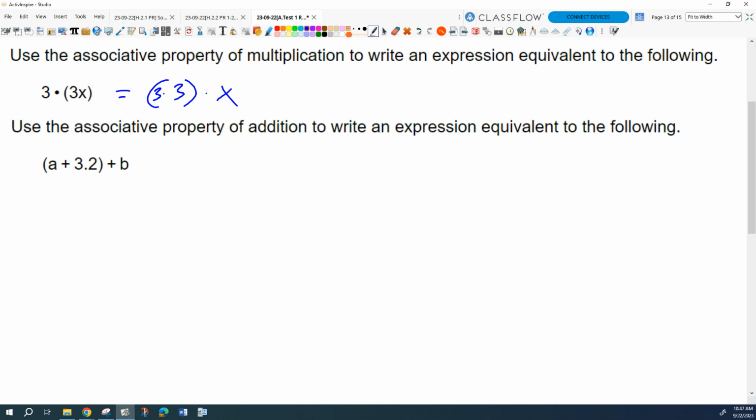And how about down here, associative property for addition? Instead of grouping a plus 3.2, I'm going to group 3.2 plus b. Okay. Thumbs? All right.